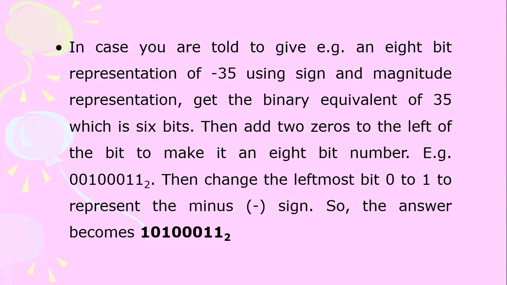However, because we are representing negative 35, where we know that the negative sign is represented using binary 1, while positive is represented using binary 0, it means that we need to change the leftmost bit 0 to 1 in order to represent the minus sign.